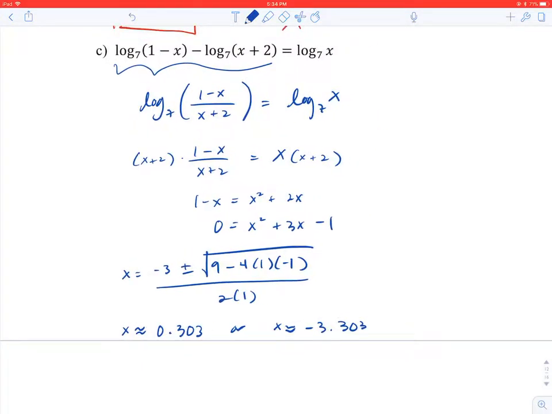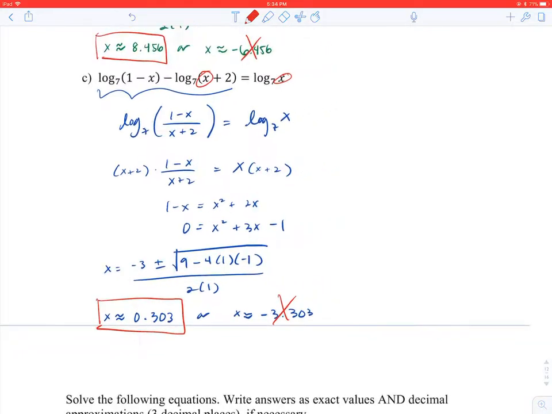Okay, we need to double check this would work. This guy would not work. So here and here. But this, approximately 0.303, is the only solution.